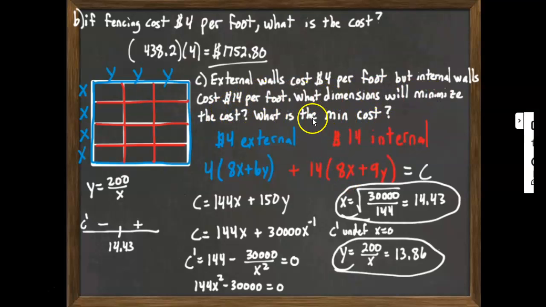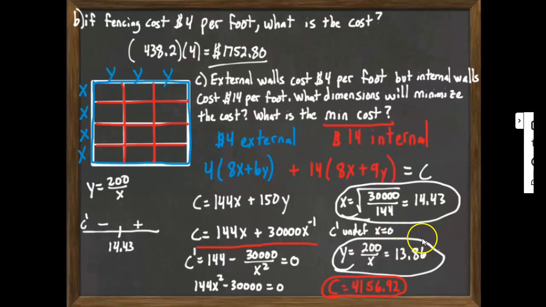And then the final question is, what is the actual cost? That's where we can go back to our cost function and plug in our x value of 14.43. When you work out that arithmetic, you'll get that the cost here is $4,156.92.